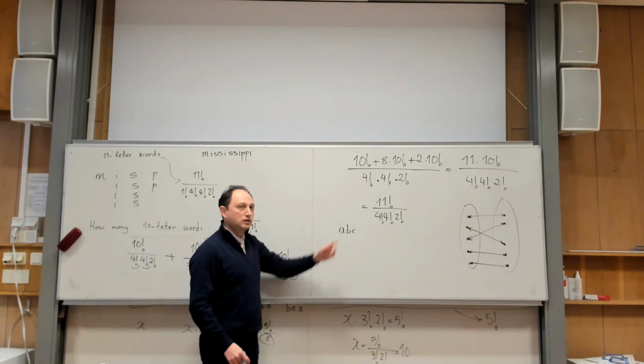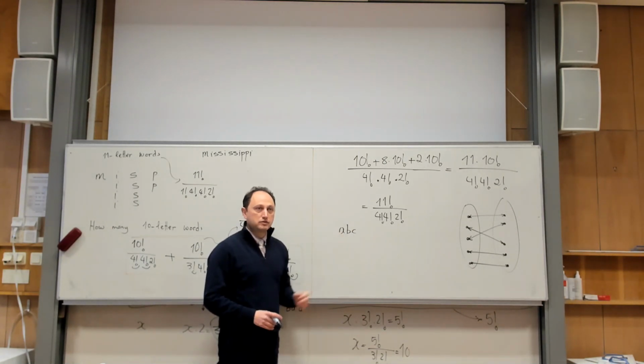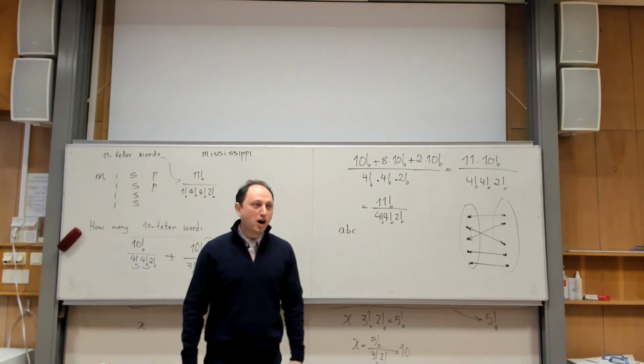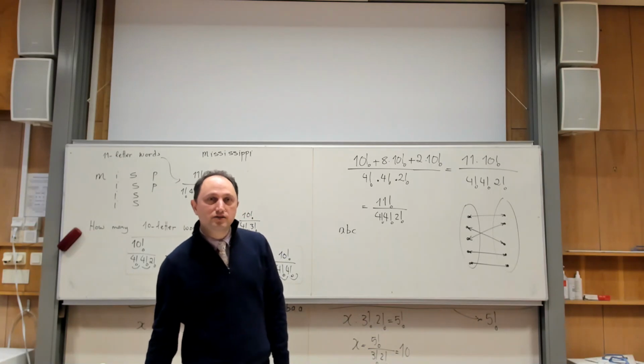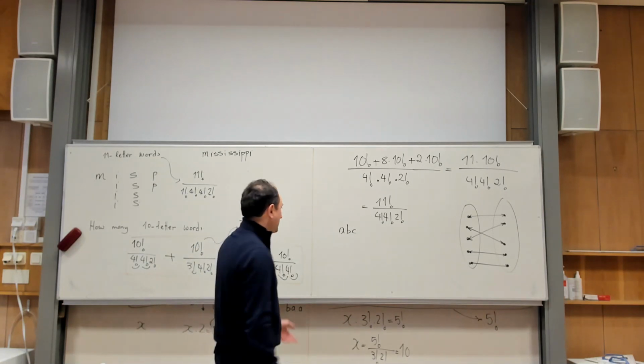I have 3 distinct objects, and I ask you, how many 3-letter words can I make from this? 3 factorial. Now I immediately ask you, how many 2-letter words can I make from this? It's again 3 factorial. You don't believe that you can do that.